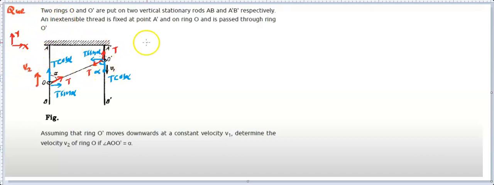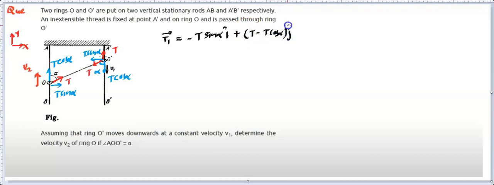So for 1 we are writing tension 1. Tension 1 as a vector is going to be equal to this in the minus i cap, this in the j cap, so it's going to be minus T sin alpha i cap plus T cos alpha j cap, as it is upside.